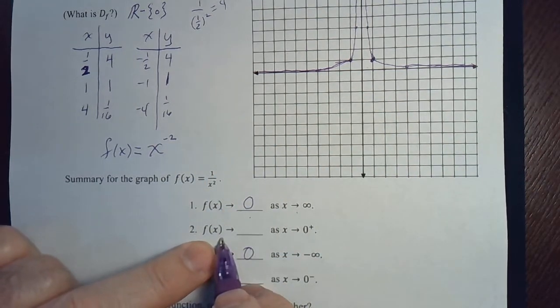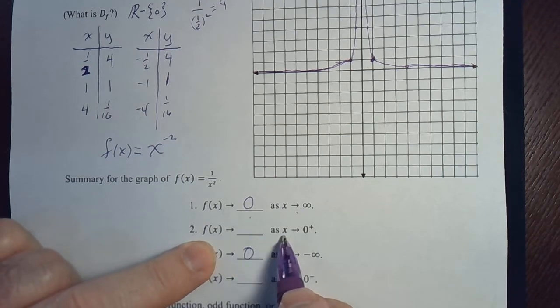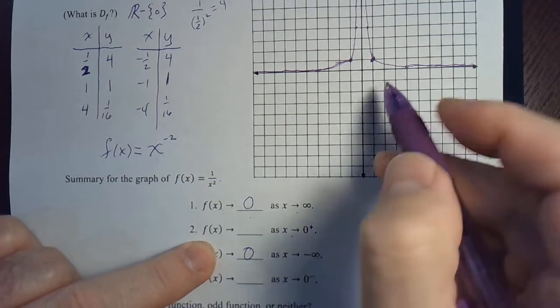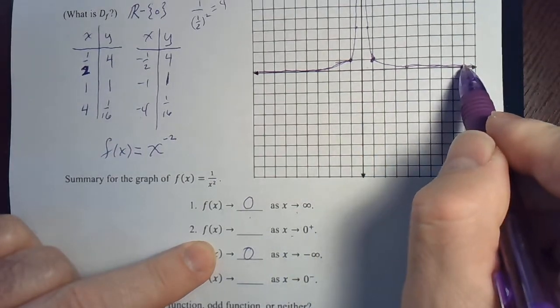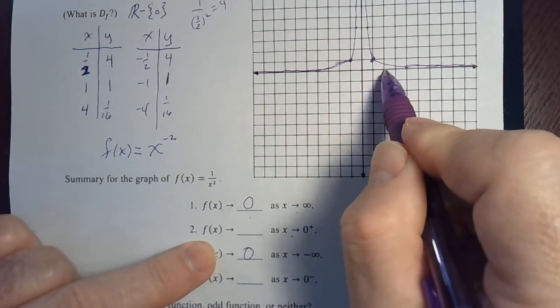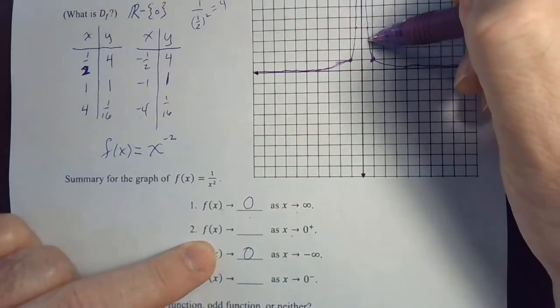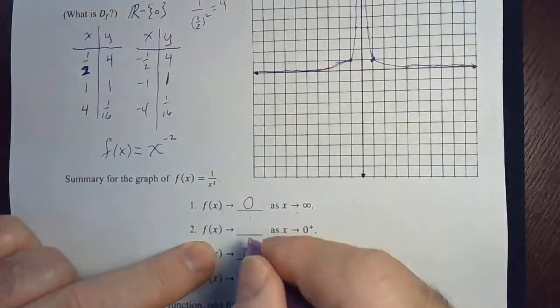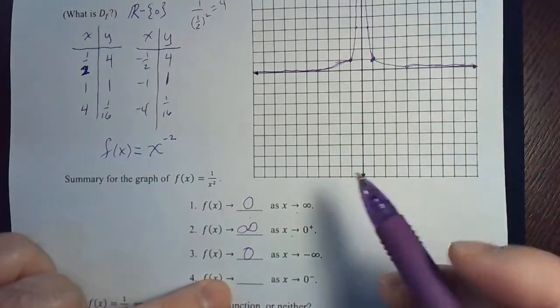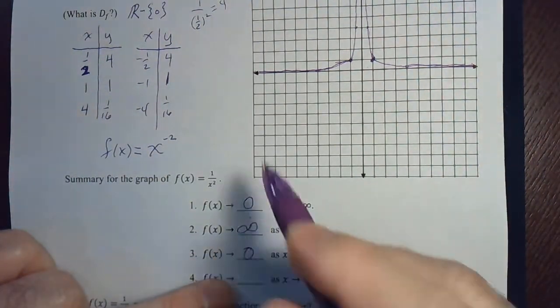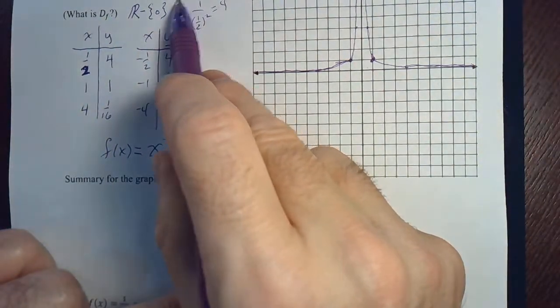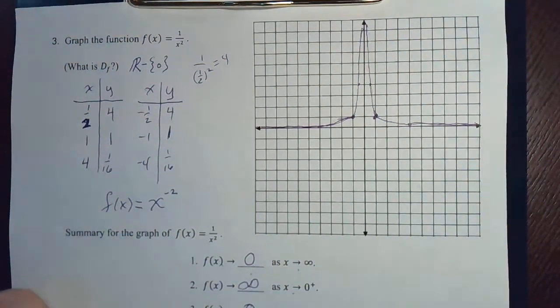And now, what does f of x approach as x approaches 0? As x is approaching 0 from the right-hand side, from the plus direction, it's blowing up to positive infinity. And this next one might be the difference between f of x equals 1 over x squared and f of x equals 1 over x.